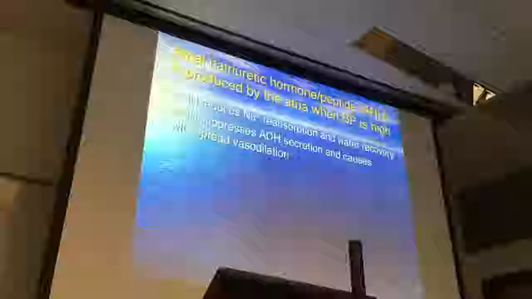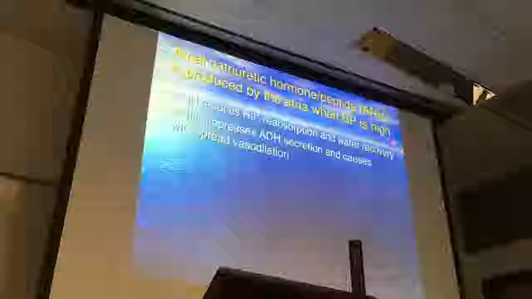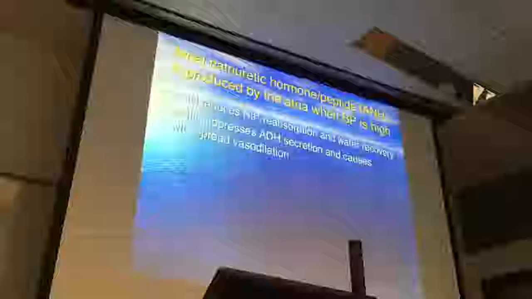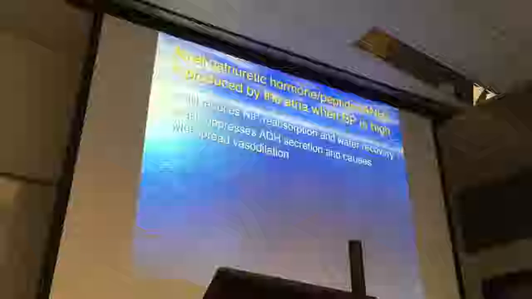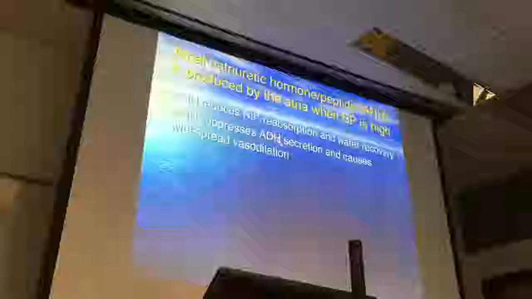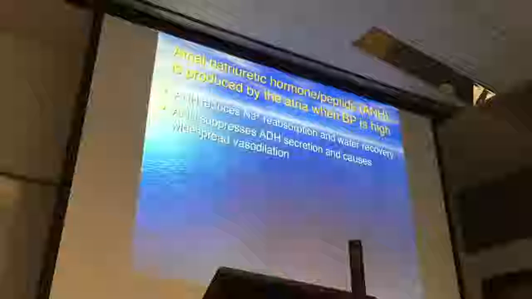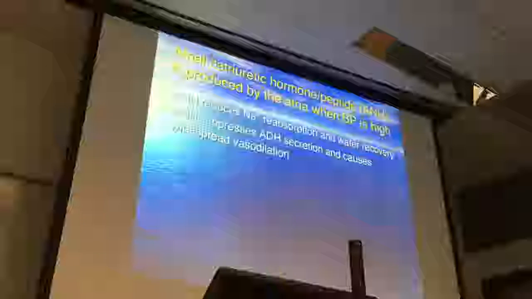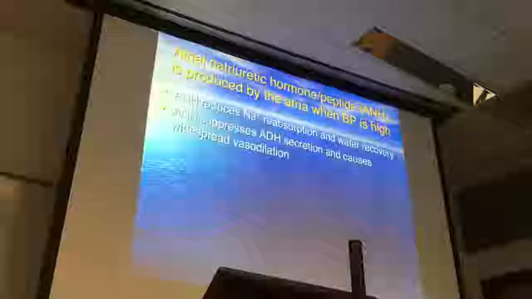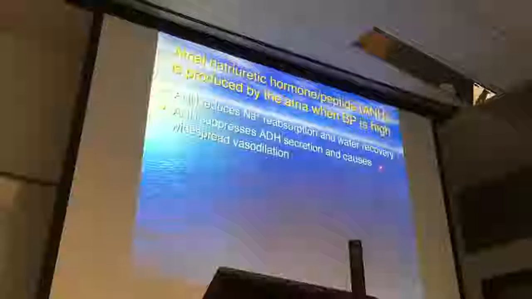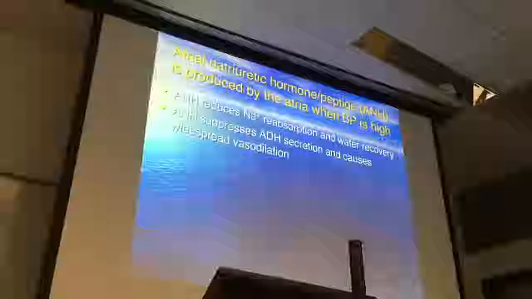Once you end up with too much water in your blood, you're going to quickly suppress ADH secretion and lose a whole bunch of water, bring your blood volume down, bring that blood pressure down. The whole reason this is secreted is because blood pressure is too high, because your blood volume's too high.